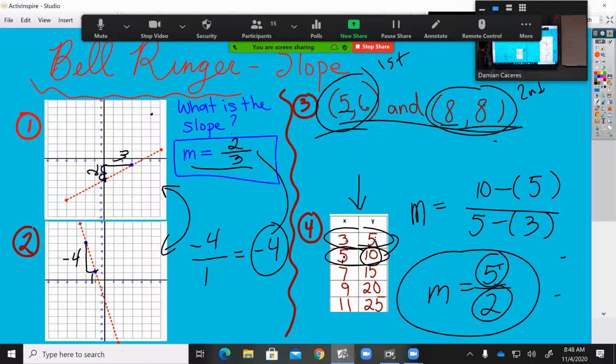If I say the slope is 5/2, then 10 beans would be how many farts? 4. 15 beans would be how many farts? 6. And you keep going. If you follow that pattern, you can create as many points as you need. But the simplified form, 5/2.